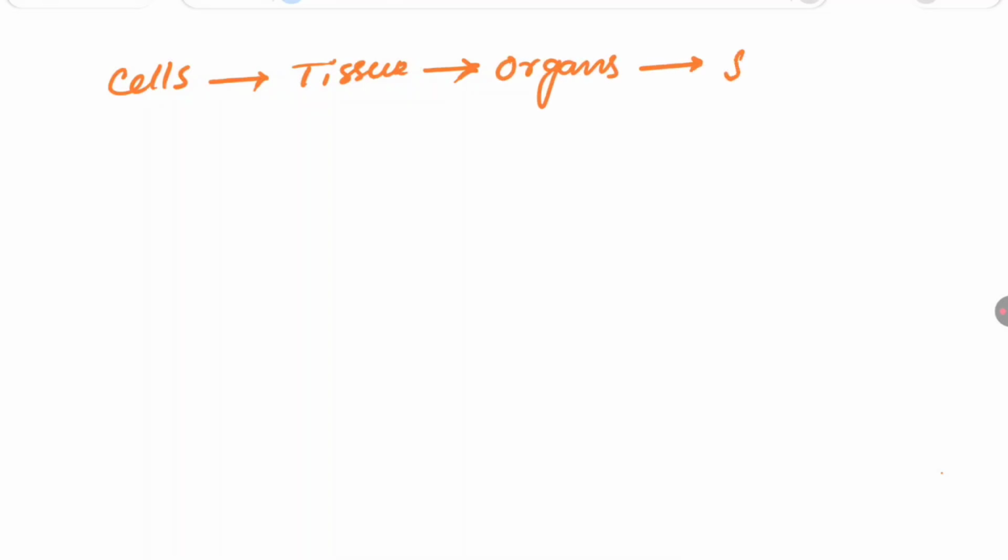I think you all remember: our body is made up of cells first, then the tissue level, then organs, and then systems. First the cellular level, tissue level, organ level, and system. Today we are going to mainly focus on the systems and body divisions.